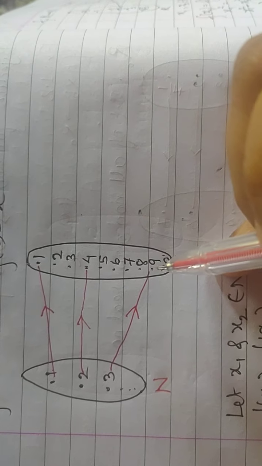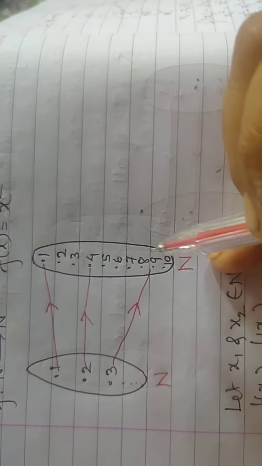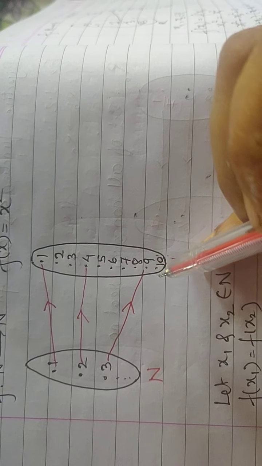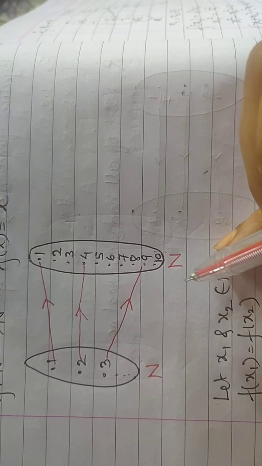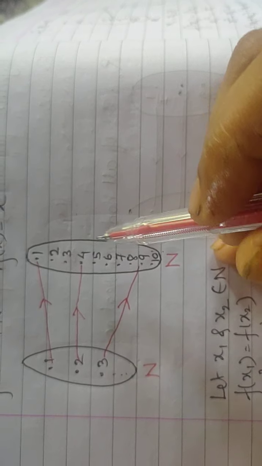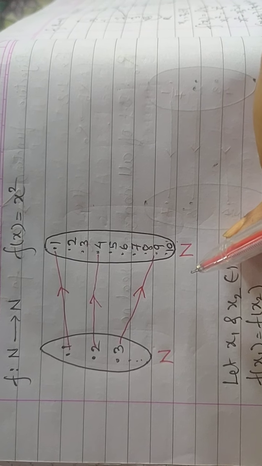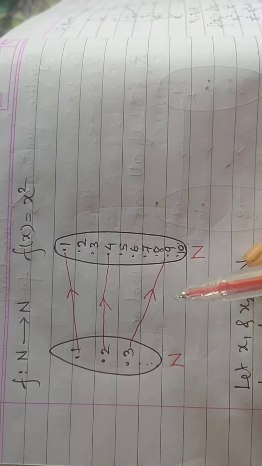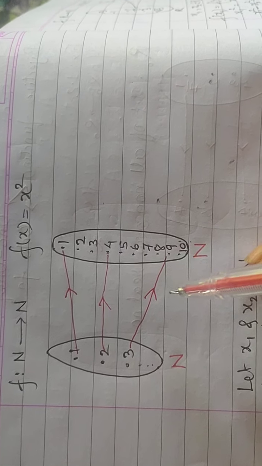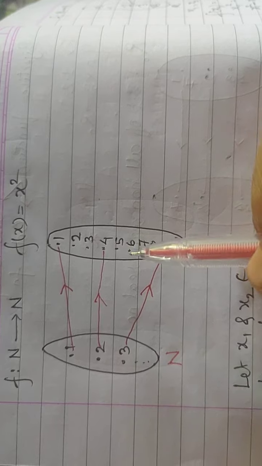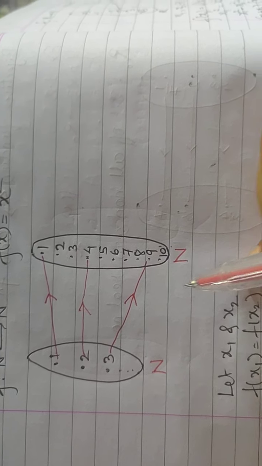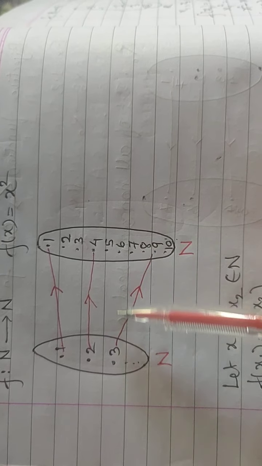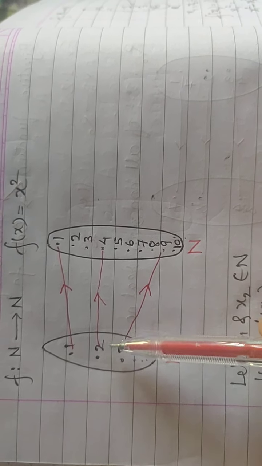This is an into function because the range is 1, 4, 9, 16, and so on, and the codomain is the set of natural numbers. They are not equal. So range is not equal to codomain, hence it is not an onto function. This is an into function.